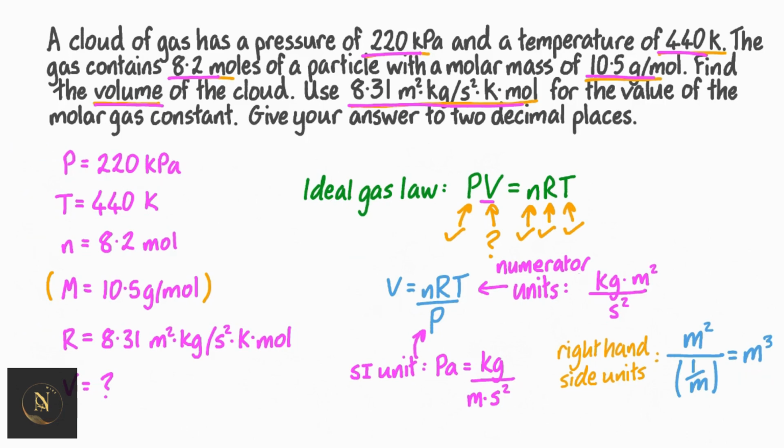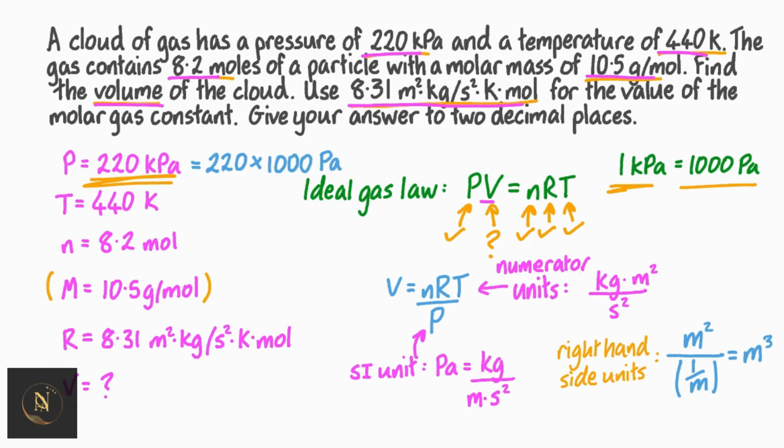To convert our value of pressure from units of kilopascals into units of pascals, we can recall that 1 kilopascal is equal to 1000 pascals. That means that to convert a value from kilopascals into pascals, we multiply it by 1000. So then in units of pascals, the pressure P is equal to 220 multiplied by 1000 pascals. This works out as a pressure of 220,000 pascals.